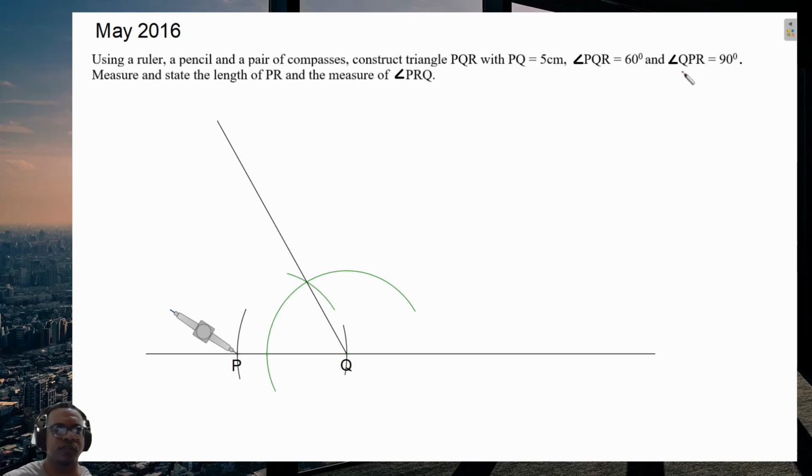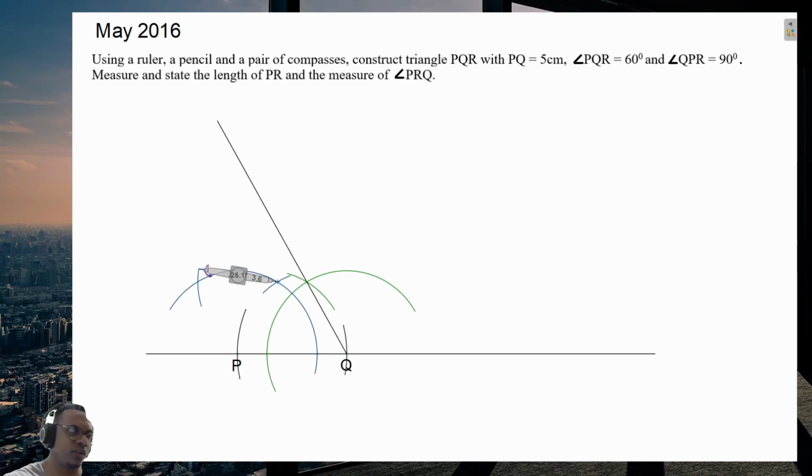Now we'll construct the angle QPR. So the letter in the middle is P. That means the vertex of this 90 degree angle is at P. Therefore we place the compass point at P because that's where we want the vertex of the 90 degree angle to be. So we'll make an arc to cut the line. This will be our 60 degree point.